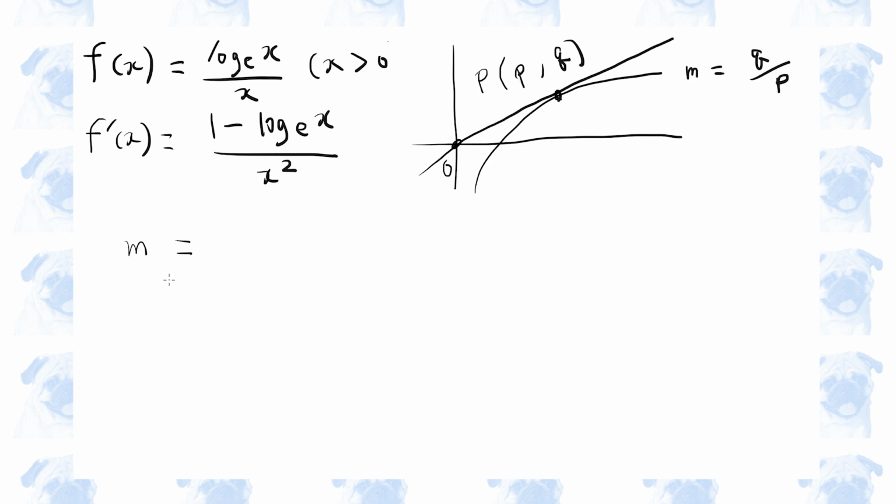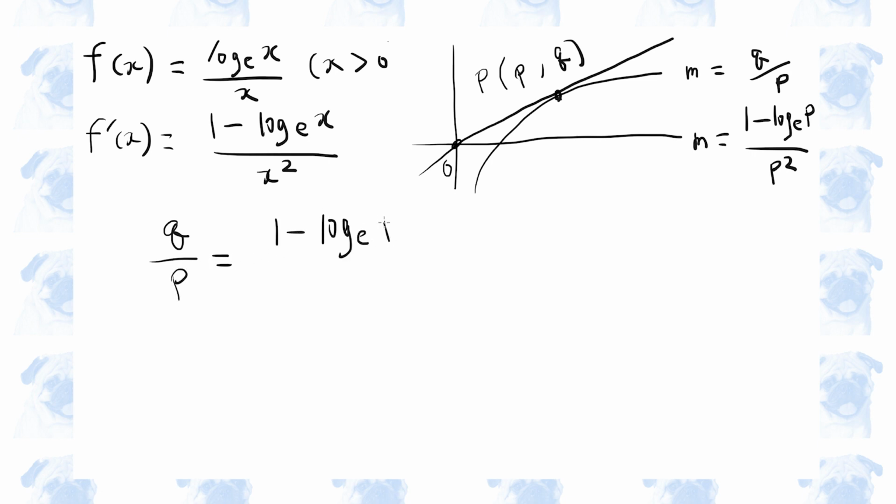The slope can also be expressed as f dash of P, which is 1 minus log base e of P over P squared. Therefore, Q over P is equal to 1 minus log base e of P over P squared.